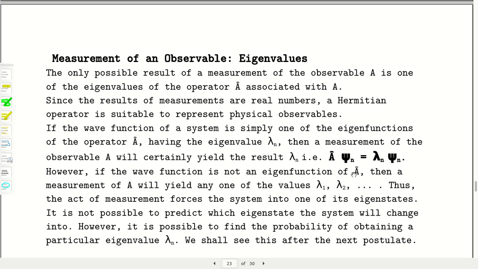That means for an experiment, you first of all set up an environment, and this will act like the probe. That means it will surely bring the system into a definite eigenstate.